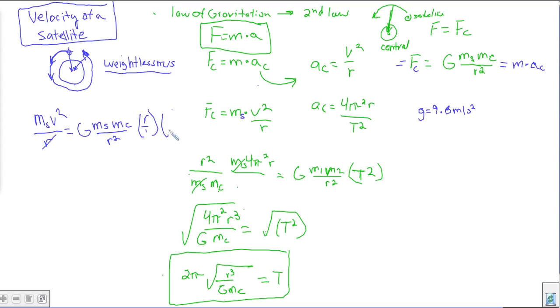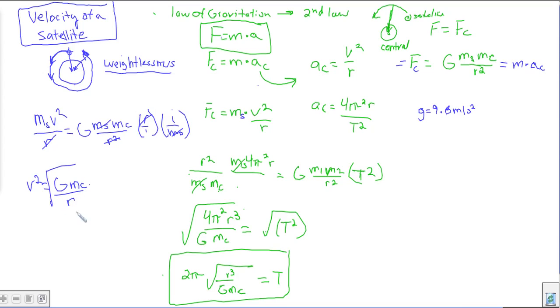And then over here we also have the mass of the satellite up here, so I'm going to divide by it on that side, and that's going to get rid of that. So let's see what we have left. We have velocity squared equals G times the mass of the central body times the radius on top, and so that gets rid of one of those, so we still have the radius on the bottom. So velocity squared equals the gravitational constant times the mass of the central body divided by r.